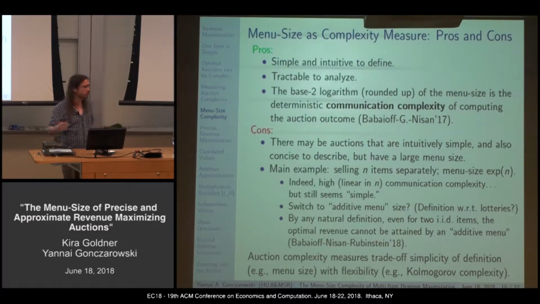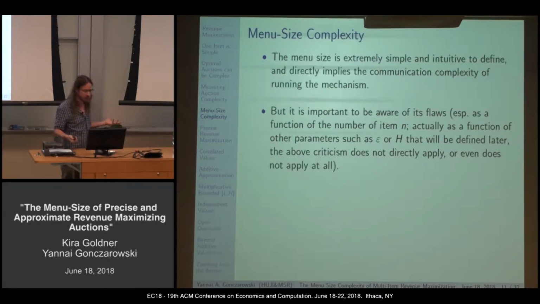So there's always a trade-off here. The menu size kind of errs on the side of simplicity, but I don't really know of another measure that's as simple and solves this problem of an exponential menu size.